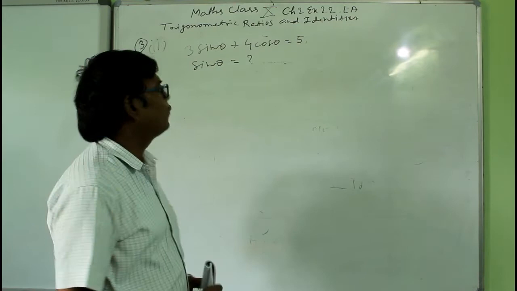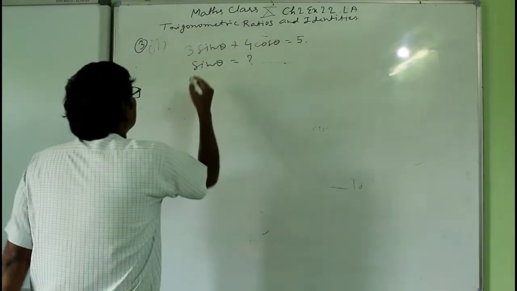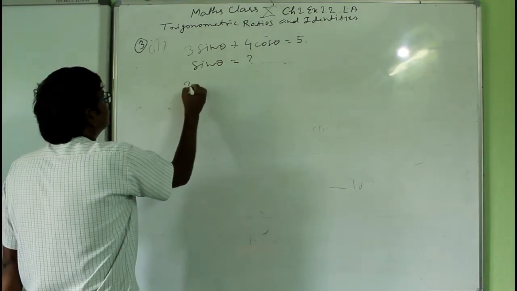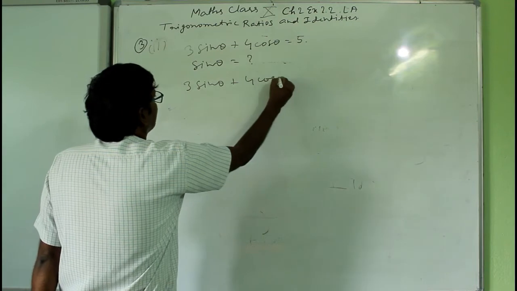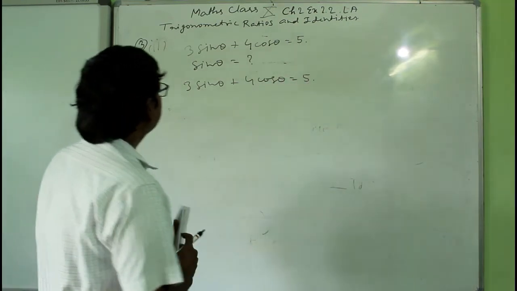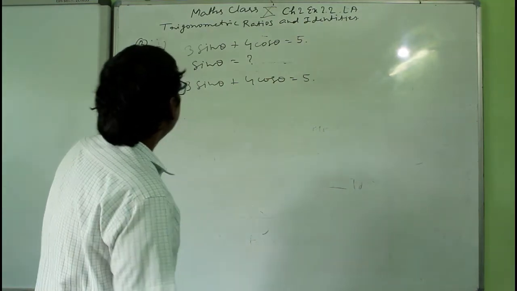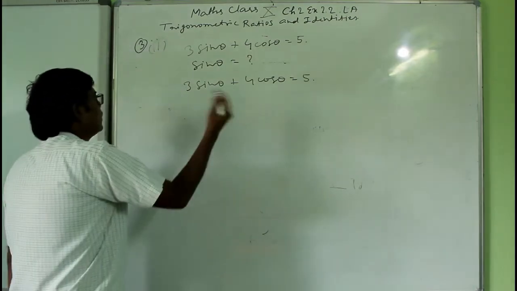So how will you find the value of sin theta? Start with this expression, 3 sin theta plus 4 cos theta equal to 5. How can we find the value? You can square both sides.